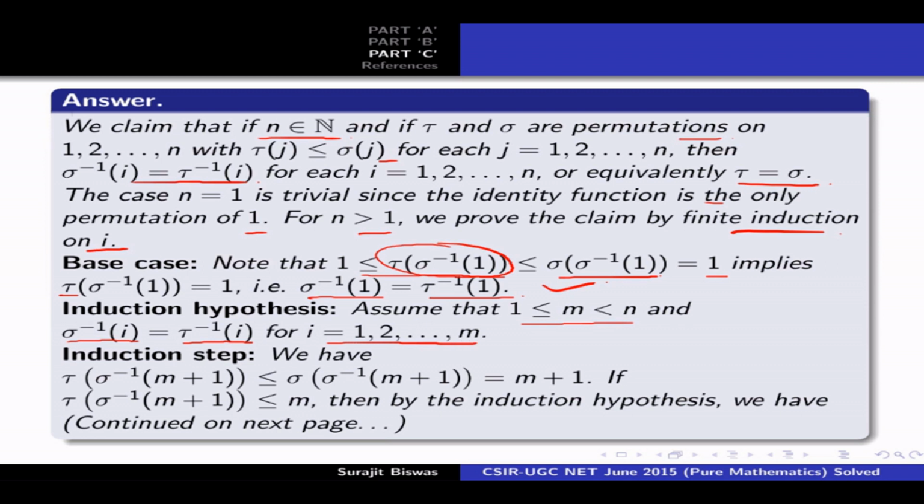By the given hypothesis, we have tau of sigma inverse of (m+1) ≤ sigma of sigma inverse of (m+1), and this equals m+1. From here we have to show that tau of sigma inverse of (m+1) actually equals m+1.